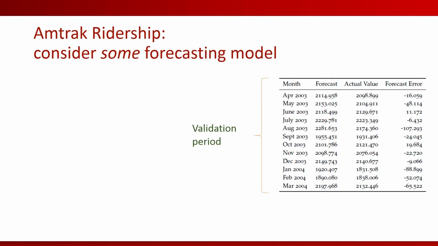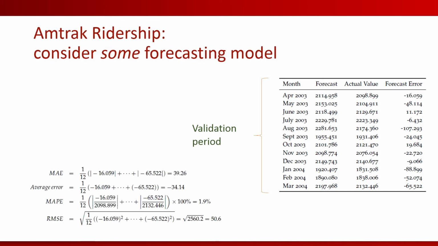For example, we have our data for the Amtrak ridership. We have the forecasts, we have the actual values, and we have the forecast errors, which are simply the difference between the actual value minus the forecast. I can compute errors and take their average. That will give me the average error. In this case, it ends up being negative 34.14, just the average of this column.